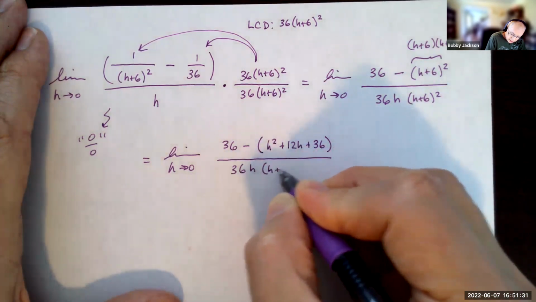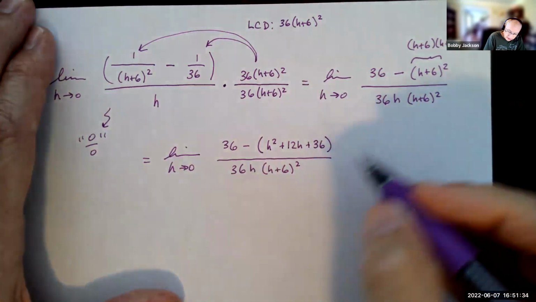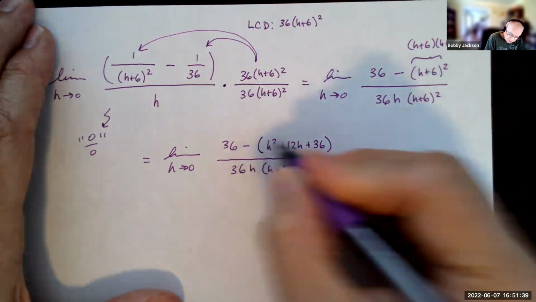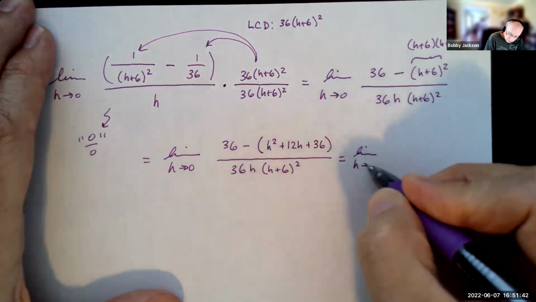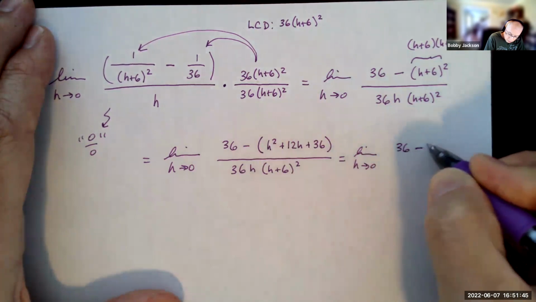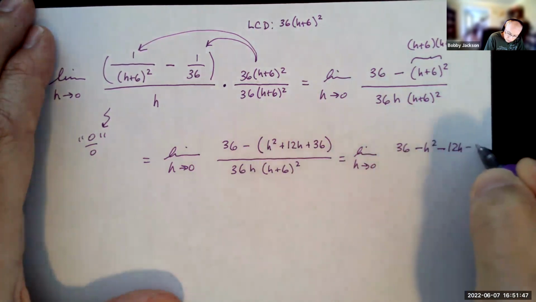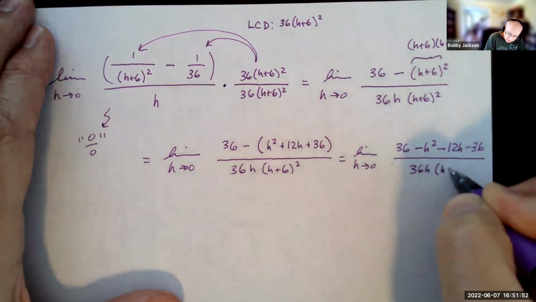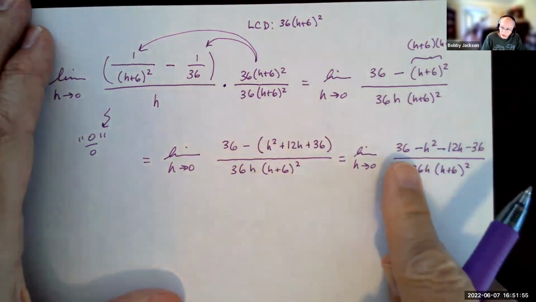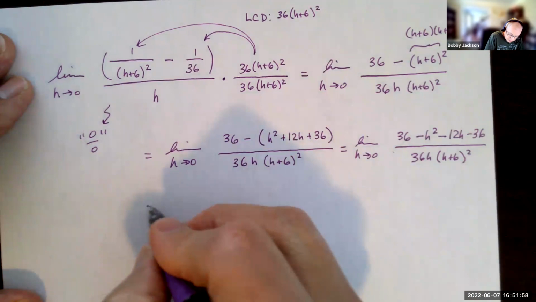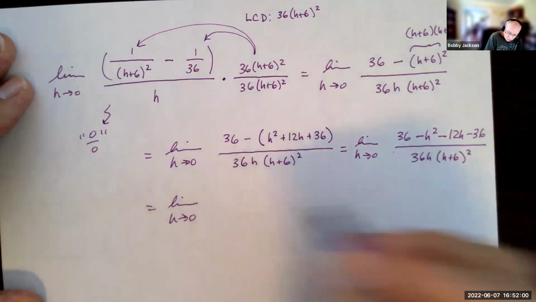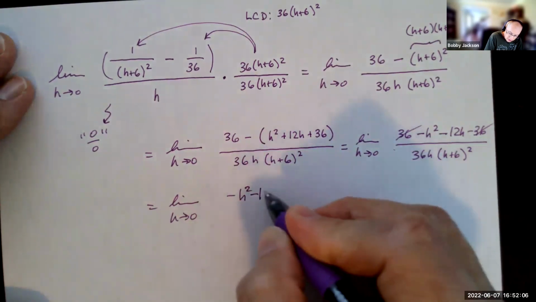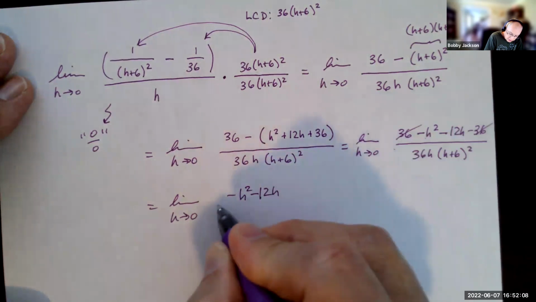I'm just going to rewrite the denominator, no change down there. And now we see how we can simplify. 36 minus 36 is 0, so those are going to cancel. I'm just left with -h squared minus 12h up top.